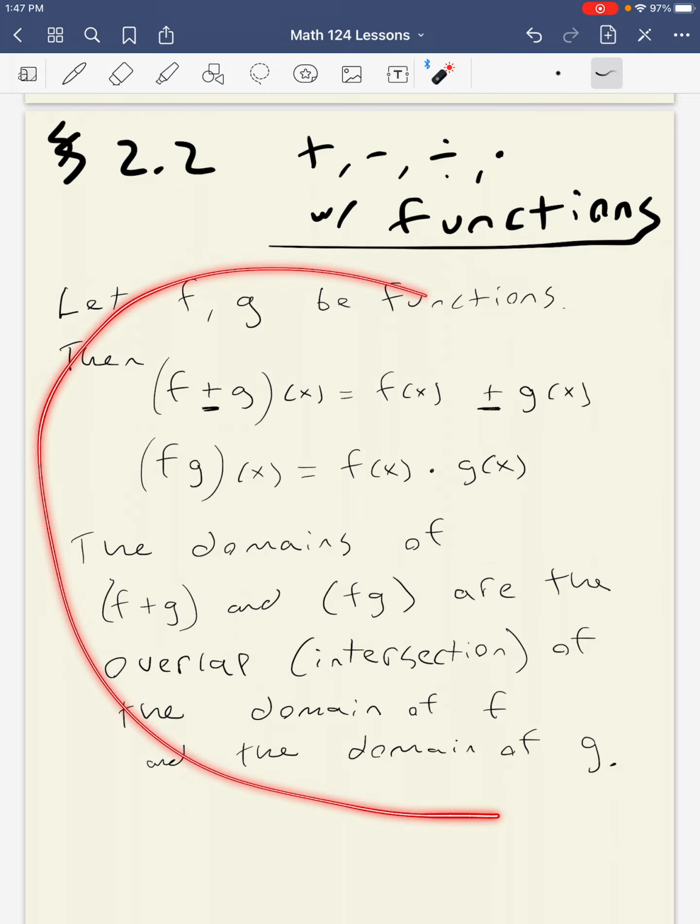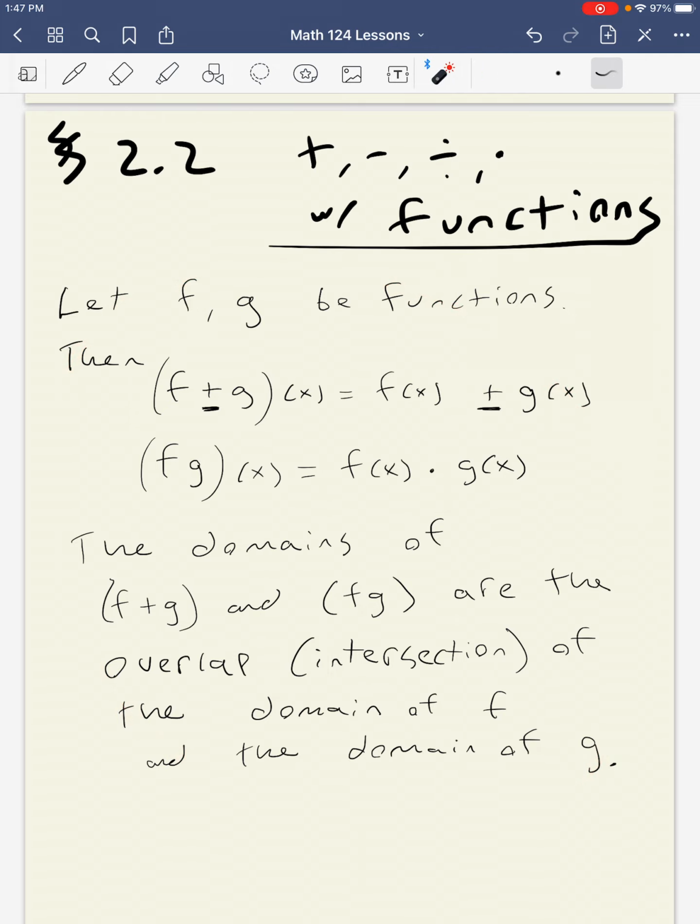Okay, so this is sort of the theory behind what we are doing, and now I will do some examples to clarify this idea.